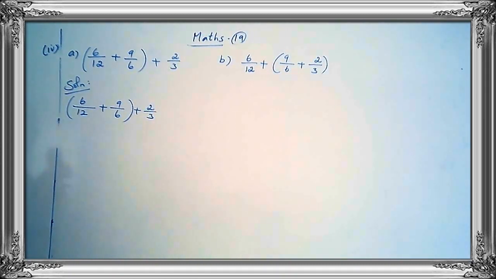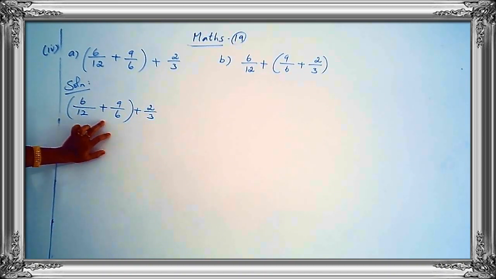Now we have to find the value of 6 upon 12 plus 9 upon 6. Why? These two numbers only are inside the bracket. So first of all we have to find the value of inside the bracket. Yes children, that is BODMAS rule. Okay, bracket first.